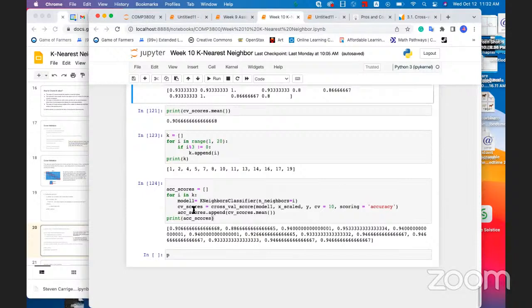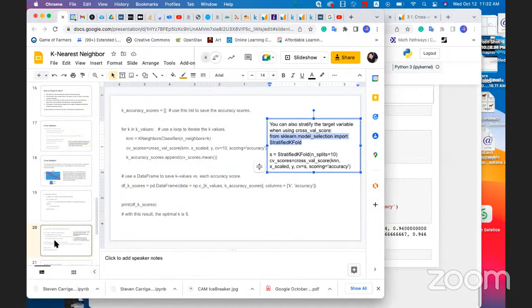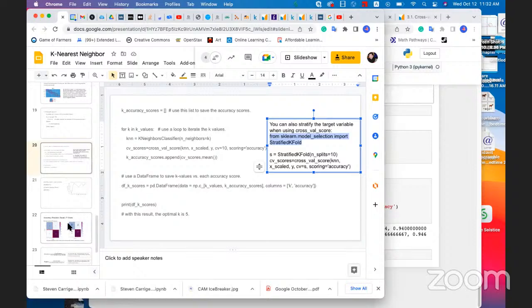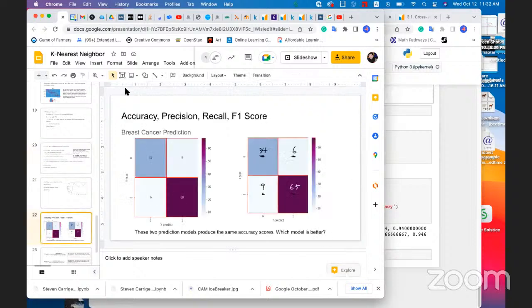Okay, so we have learned two methods: oversampling, undersampling, and then you stratify it when you do the cross validation or training testing split. And there's another technique we can use to evaluate an imbalanced data set, and that is not to use the accuracy score.